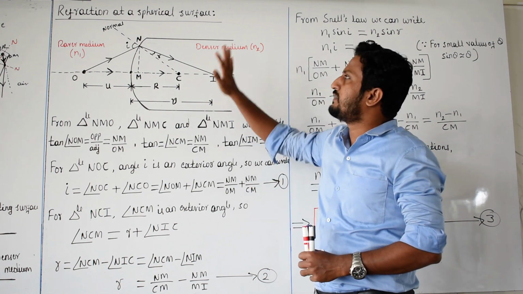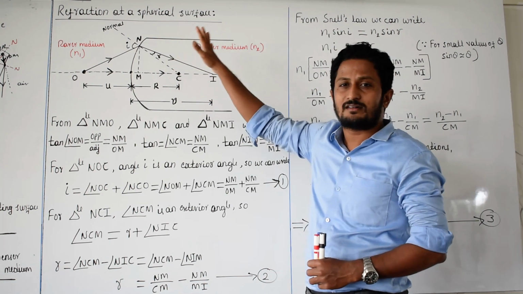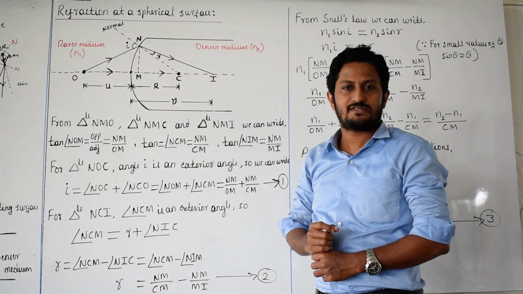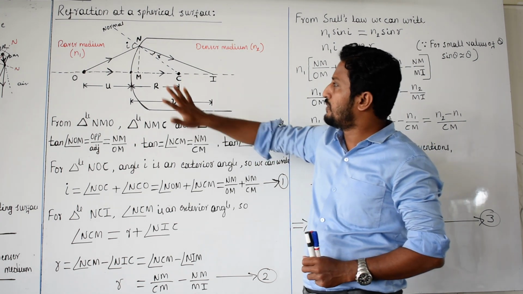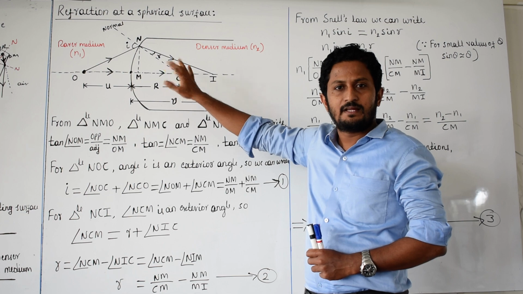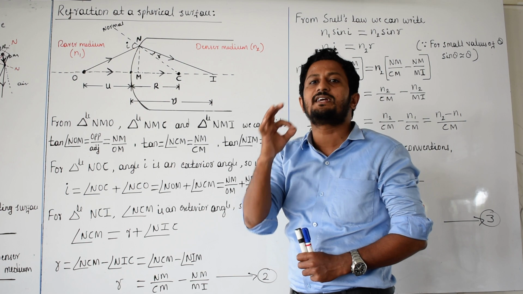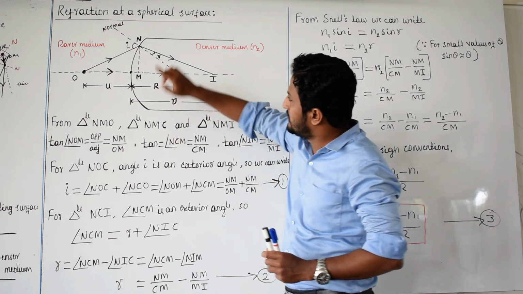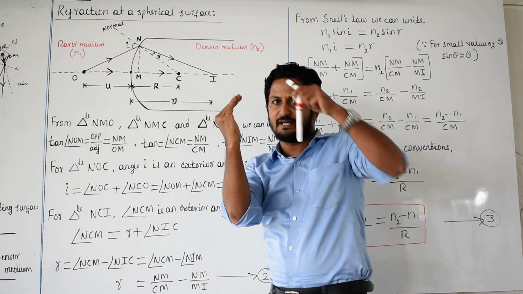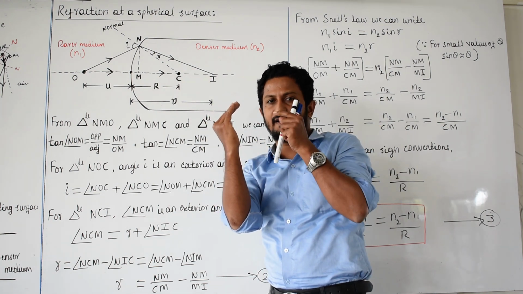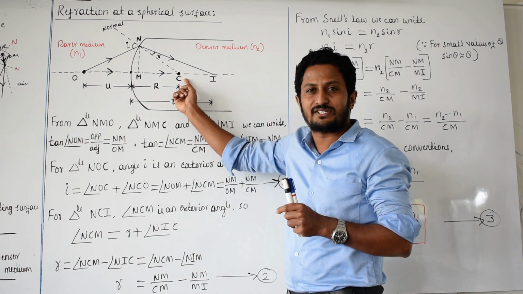Look here at the title. I have written refraction at a spherical surface. Look at this diagram. Here we have taken a convex refracting surface. This is a convex surface like this. Here an imaginary sphere is there. That sphere has its geometrical midpoint called the center of curvature.